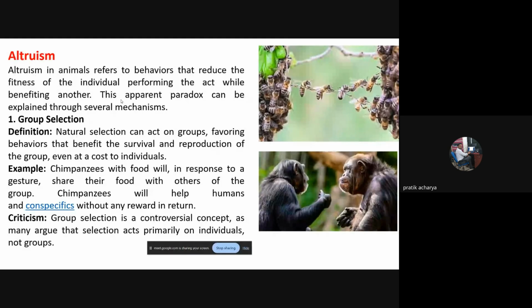The other chimpanzees in the group help in feeding. Helping in feeding means they cut their own feeding amount. They help the other. That is part of altruism.